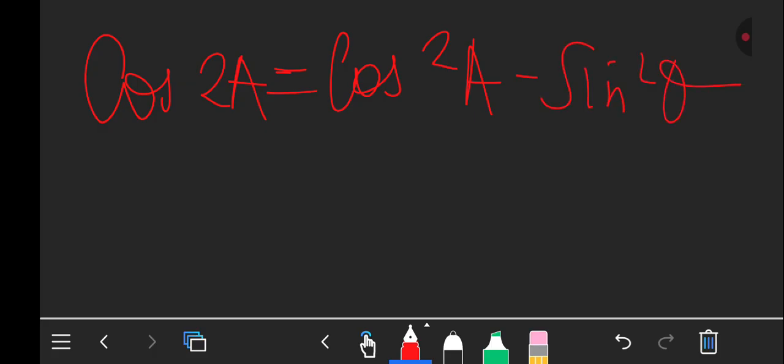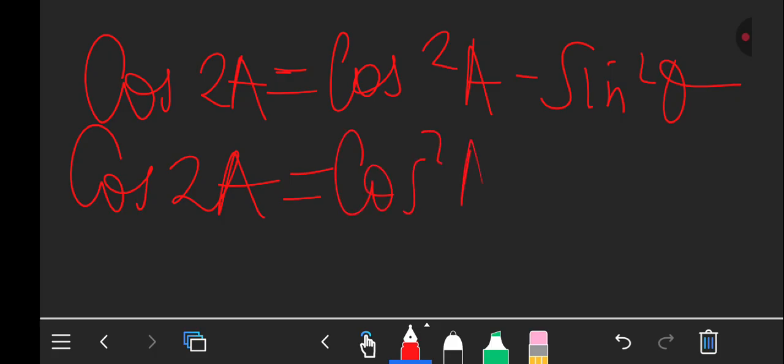And from this we can derive another identity for cos 2A. So for cos 2A, we can even say that this is equivalent to cos squared A minus the identity for sin squared A. Sin squared A is simply 1 minus cos squared A, because we know that cos squared A plus sin squared A is 1. So to get sin squared A, we simply interchange. The cos squared A goes to the other side and turns negative.